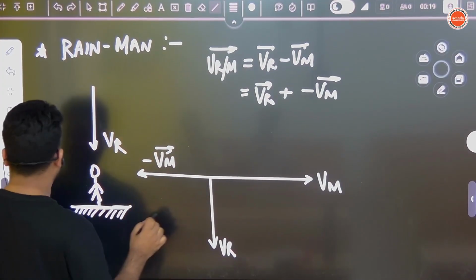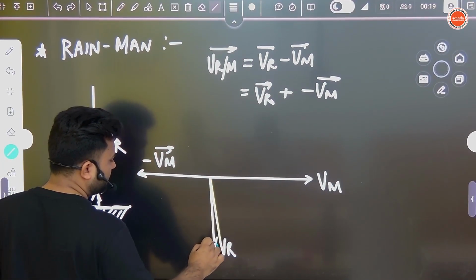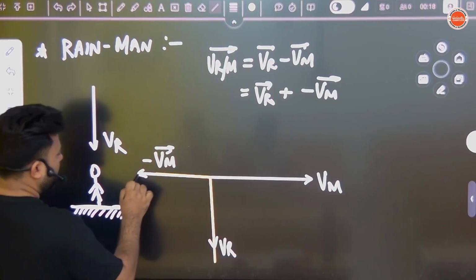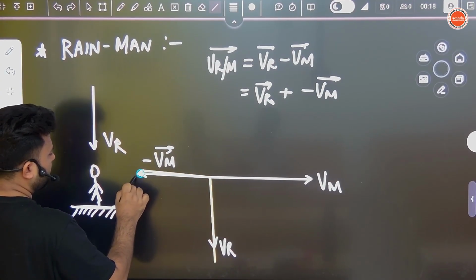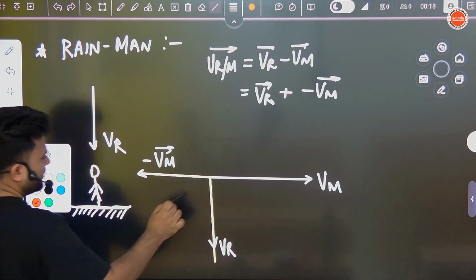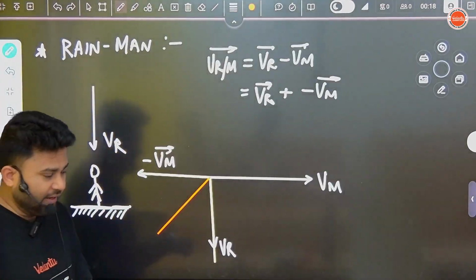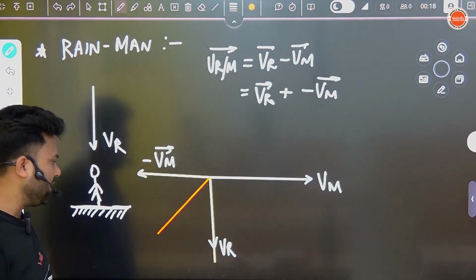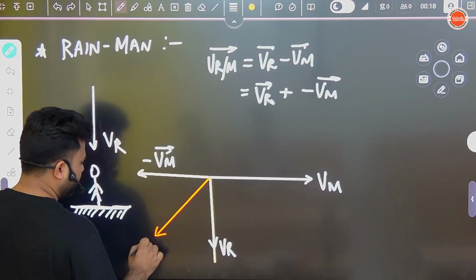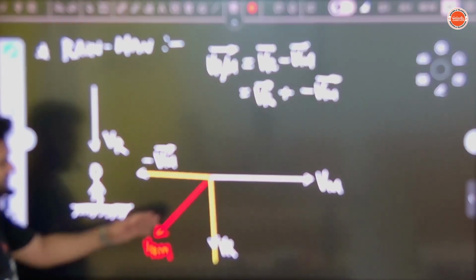So if you add these two vectors, the resultant will come in this direction. That's why you feel that rain is coming slightly in this direction. So this will be velocity of rain with respect to man.